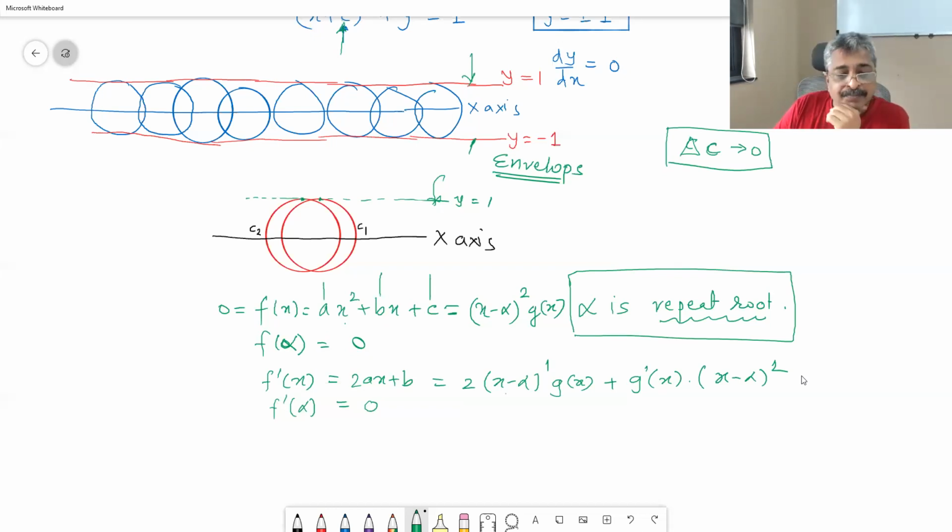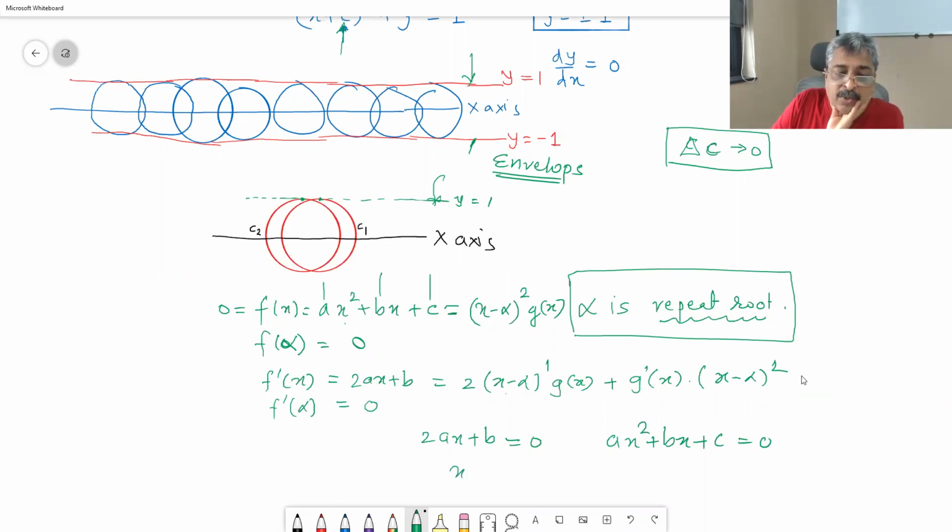Check whether you understand this. 2ax plus b equal to 0 is f dash of x, and ax square plus bx plus c equal to 0 is f of x, and we want x out of these two equations.